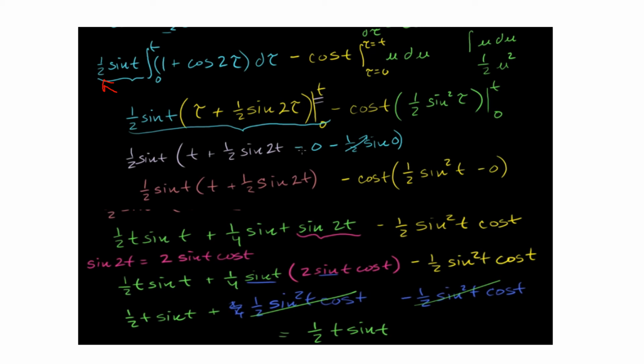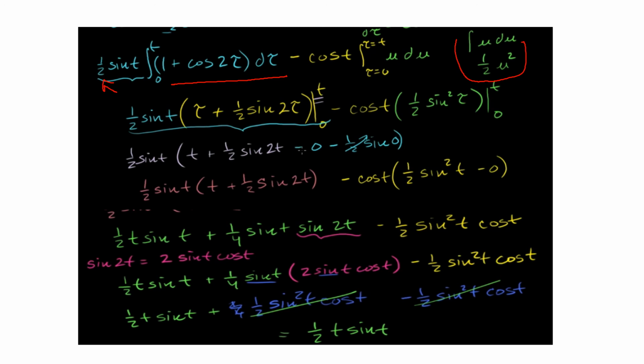Now performing the integration, this is 1 plus cos 2 tau d tau, so it becomes integral of 1 and integral of cos 2 tau. The integral of 1 d tau is tau, and that of cos 2 tau is sine 2 tau divided by 2. Then the integral of u du is u square by 2. What is u? Substituting, it is sine, so sine square tau, within the limits.